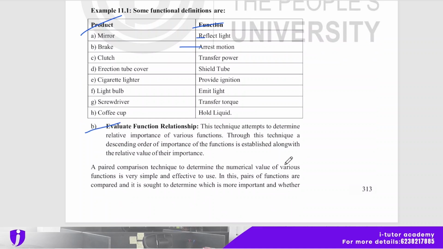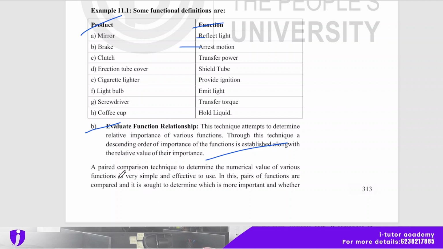The second technique is evaluate function relationship. With this technique, we attempt to determine the relative importance of various functions. Through this technique, a descending order of importance of the functions is established along with the relative value of their importance. A paired comparison technique to determine the numerical value of various functions is very simple and effective to use.